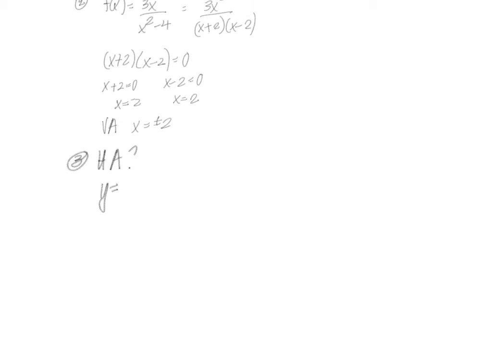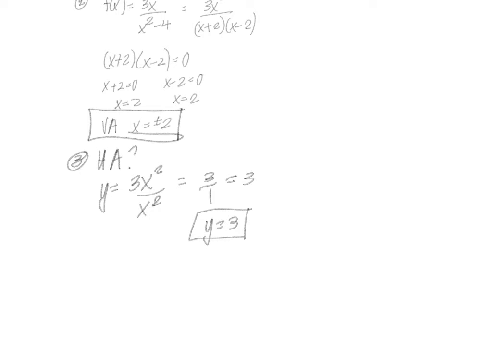And that's saying y is equal to 3x squared over x squared. We're not going to look at the minus 4. We're just looking at the highest power in the numerator and the highest power in the denominator. And that just simplifies down to 3 over 1, which is just 3. So y equals 3 is our horizontal asymptote.